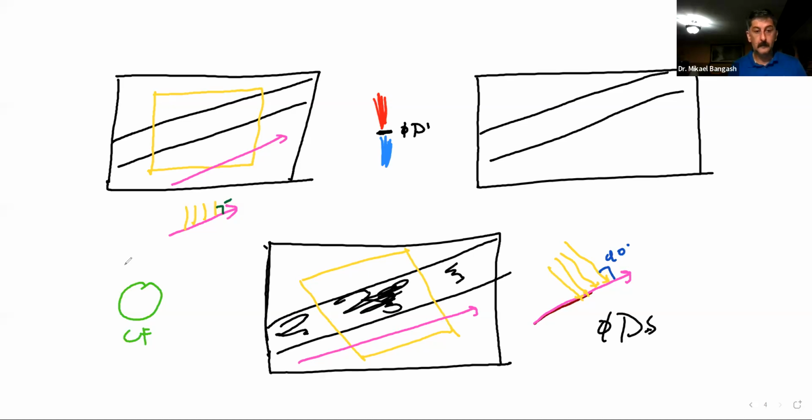Let's just assume that this was 60 degrees. Here it is 60 degrees, which is a positive direction.